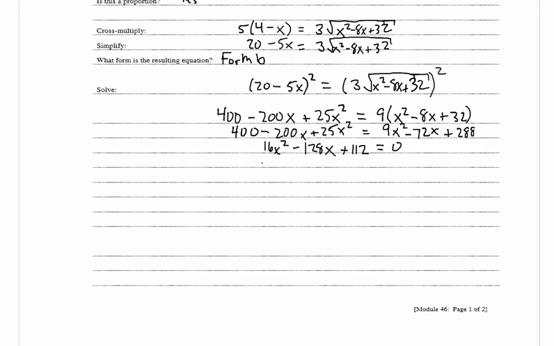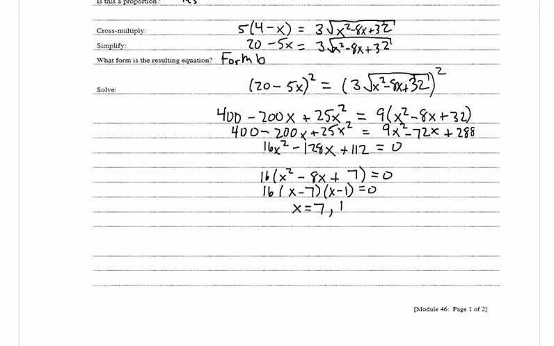And now I'm going to factor a 16 out. So I get 16 times x squared minus 8x plus 7 is equal to 0. And now I can write this as linear factors. So I have 16 times (x minus 7) times (x minus 1) is equal to 0. So my possible solutions are x is equal to 7 and 1.